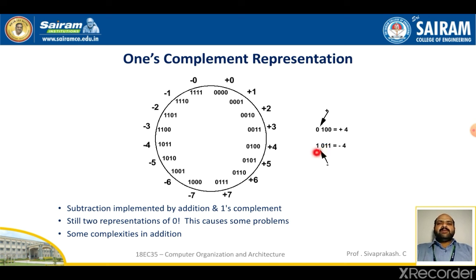The most significant bit of 1011 is nothing but 1, so this is dealt with as a negative number. If you convert the 100 into its ones complement, it is going to be 011, so 1011 represents minus 4. This is the major difference between the sign magnitude representation and ones complement representation.